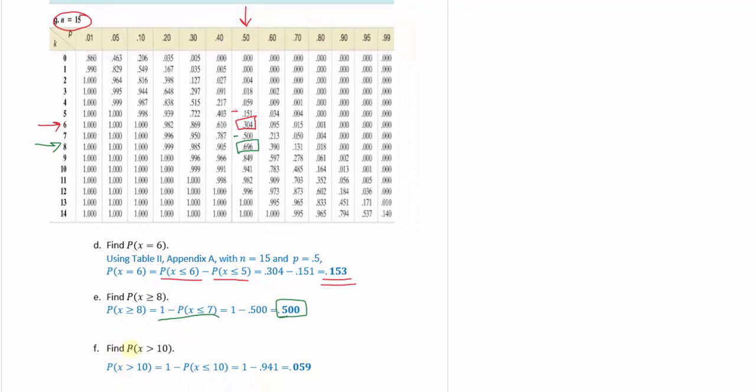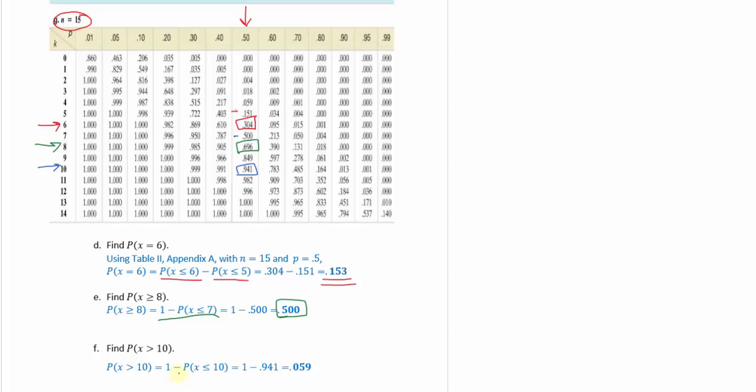And last, we're looking for the probability that x is greater than 10. So 10 is going to be a new row for us. So our reference value, 0.941. And again, we're looking for the x values greater than 10. Because it's greater, I'm automatically thinking 1 minus something that's falling below.